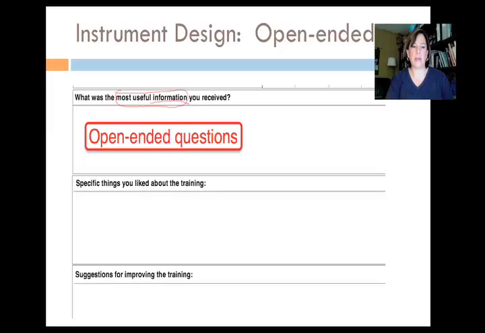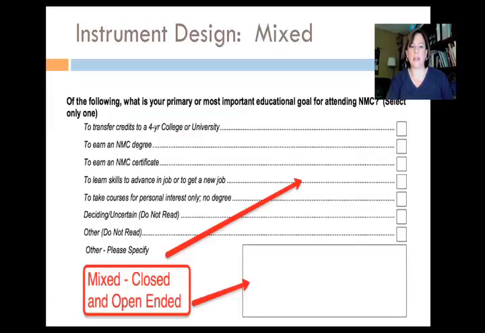Some other examples of types of questions. You can have both closed-ended and open-ended questions on the same survey, or even within the same question. This question is, what of the following is your primary educational goal for attending the college?